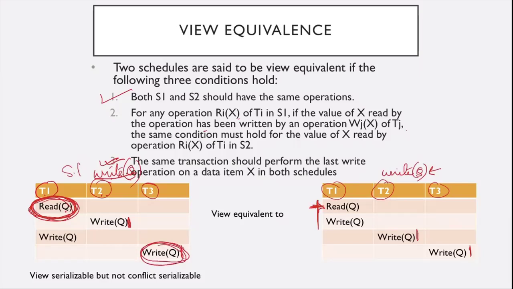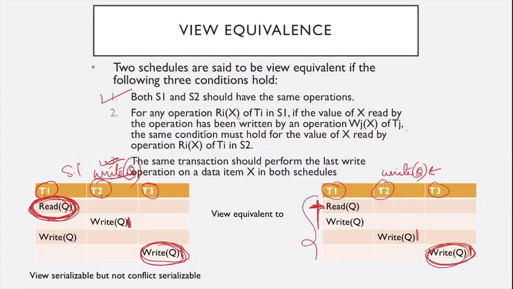So in schedule 2 also, T3 should write the final value of Q. So I have here write Q of T3, which is also doing the final write on Q. So if all three conditions are satisfied, then we can say that this schedule is view serializable.